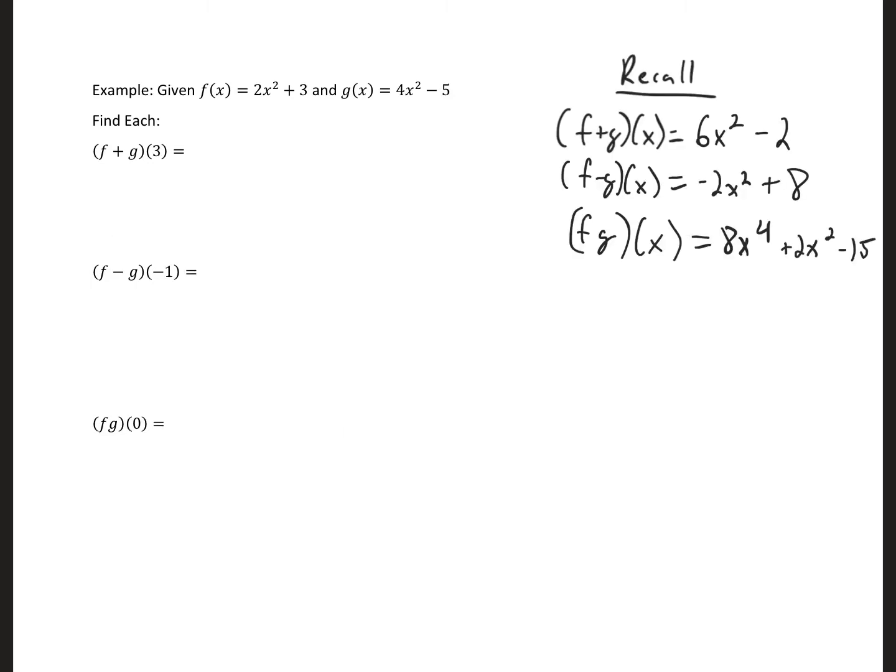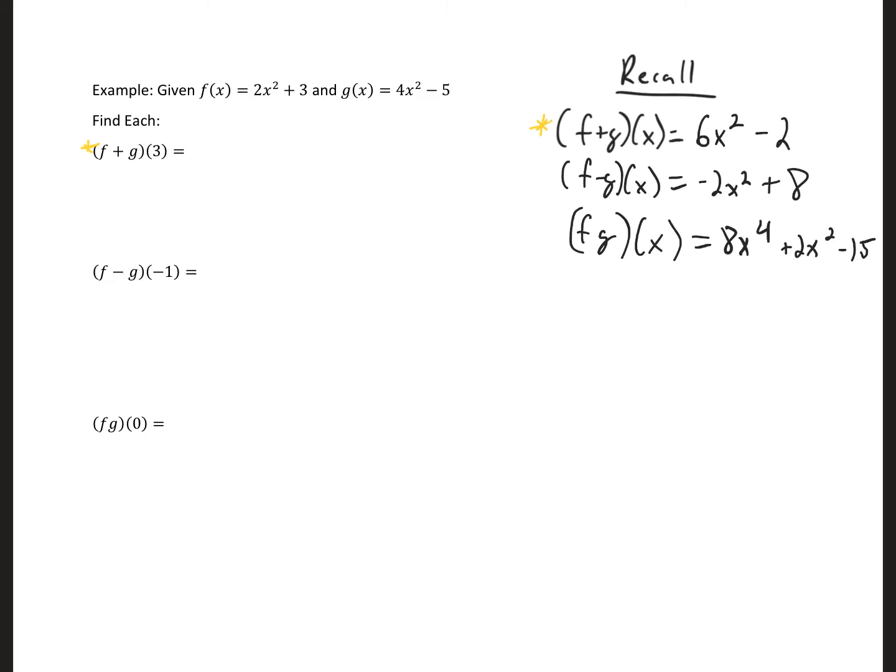So now that we have these new functions, we can use them and plug in values of x. Just recall from our last slide that we had f plus g of x, f minus g of x, and f times g of x. So if I wanted to find f plus g of 3, then I'm just plugging 3 into this f plus g of x function.